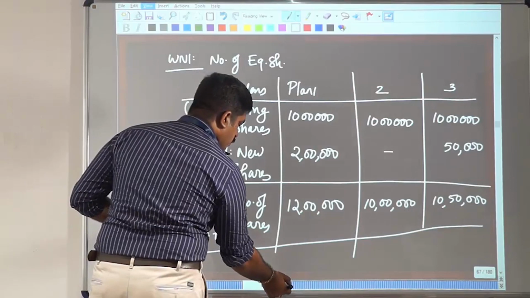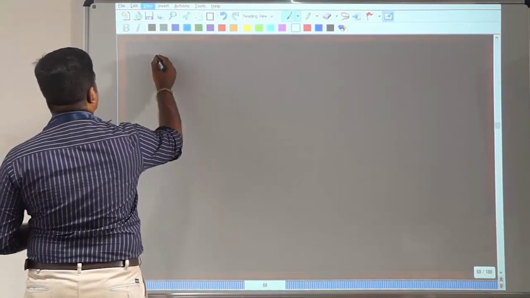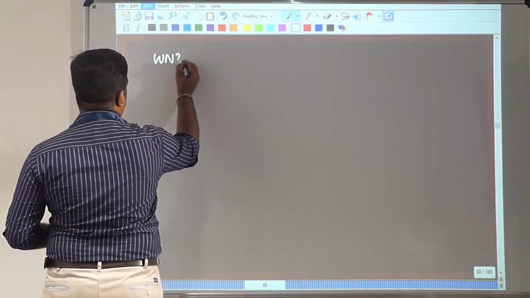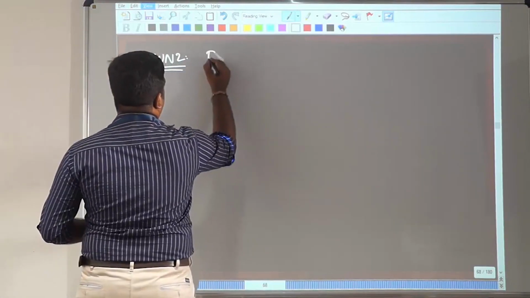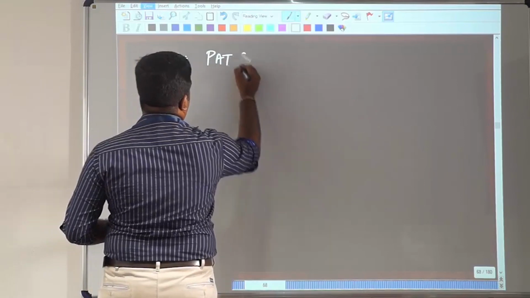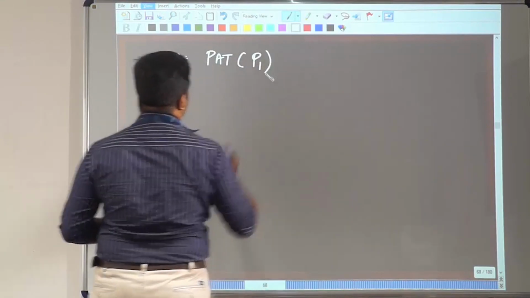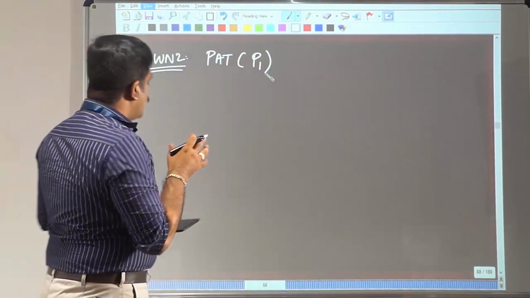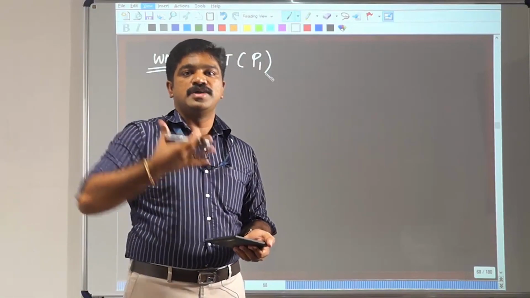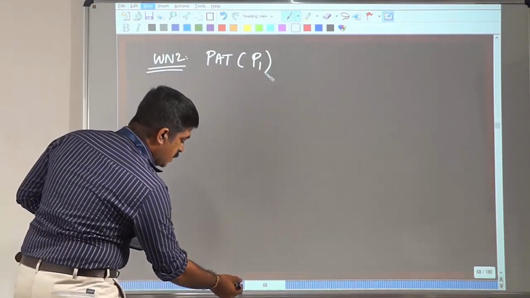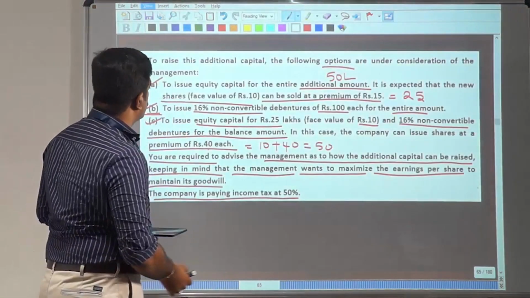Now we'll try to find out the earnings available for shareholders in all the 3 plans. Okay, so working note 2, computation of PAT for plan 1. Now, when this company goes for this project, it is actually going to earn additional income. Let me go back to the question.